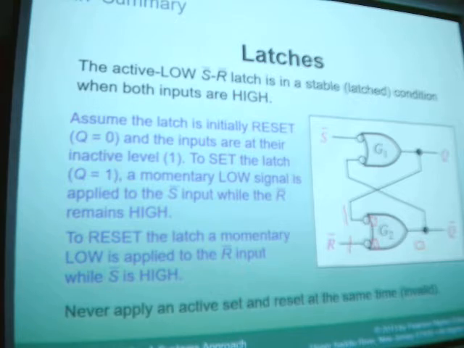So R bar is a reset input, because this combination will make the output Q equal to 0. And S bar is the set input, because if S bar equals 0, then this combination will make the output Q equal to 1.